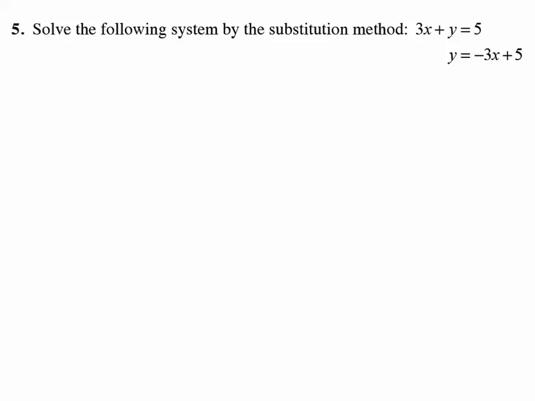Would you put like 1 for the x, or would the x just be canceled? X would be canceled, it would be a 0x. So rewriting the top equation, it's 3x plus, and then the y changes into a negative 3x plus 5, equal to 5. Everybody good with that step, the substitution step?